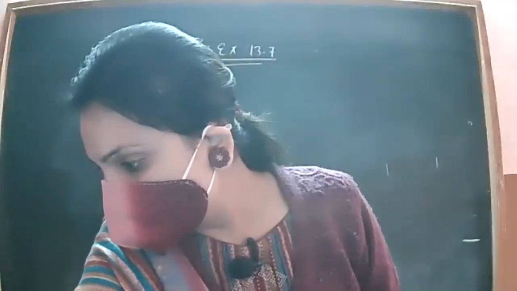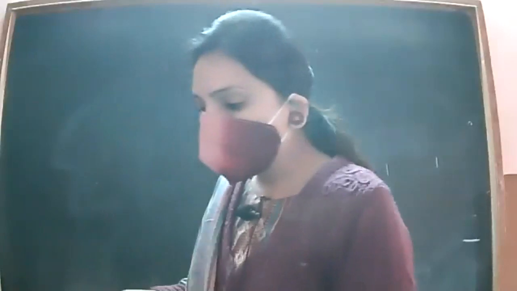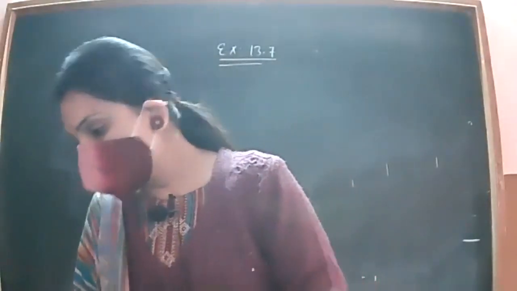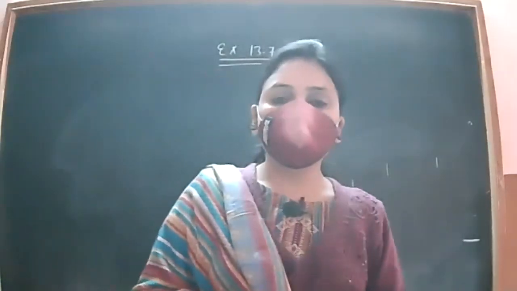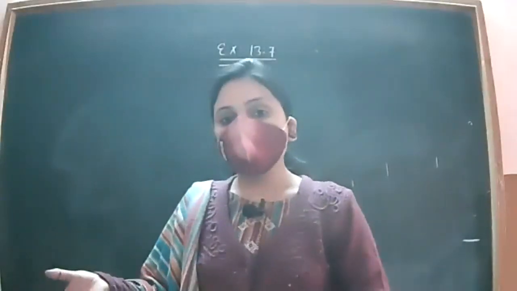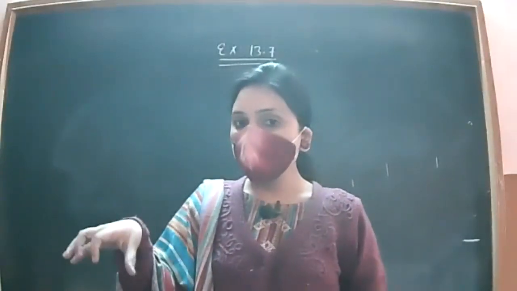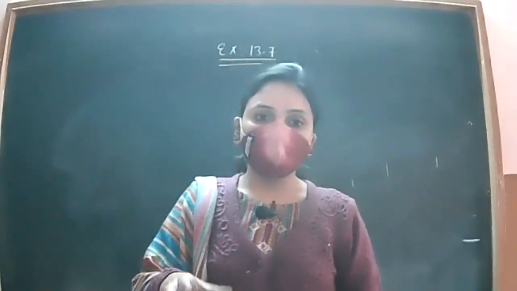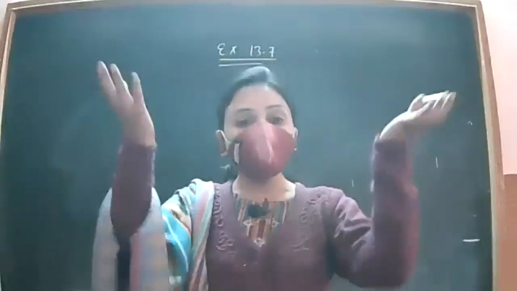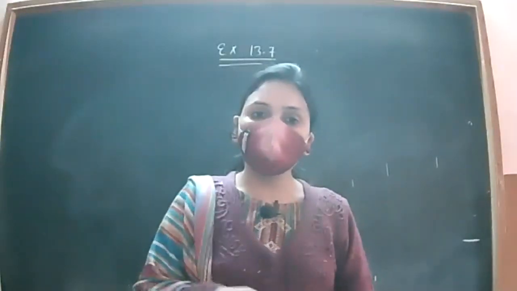So, let us start with exercise 13.7, question number 9. A heap of wheat is in the form of a cone whose diameter is 10.5. As we see in the fields, when farmers put wheat on the ground, they make a heap, and the heap is in the form of a cone.